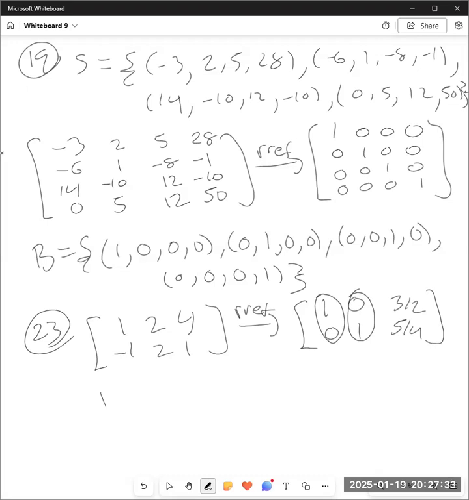So I see that my basis here is column vector 1, 0, and the column vector 0, 1, and that gives me a rank here of 2.